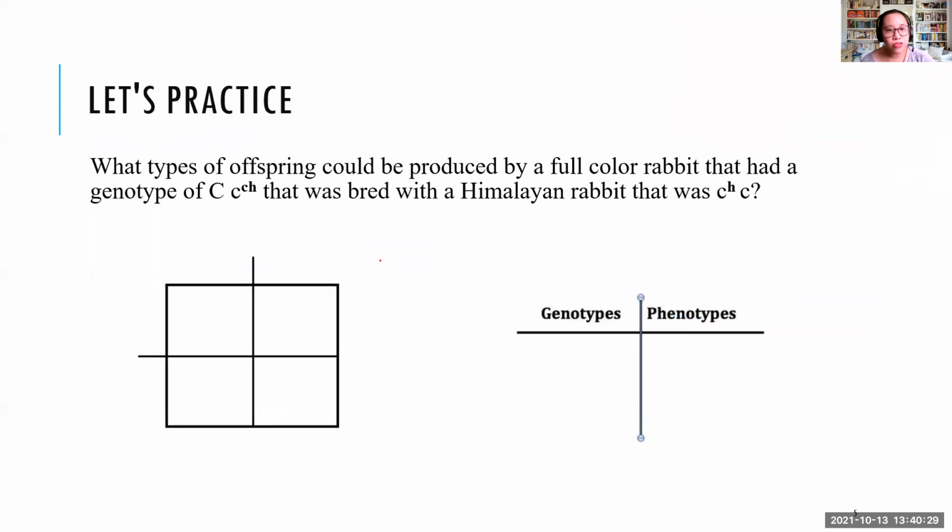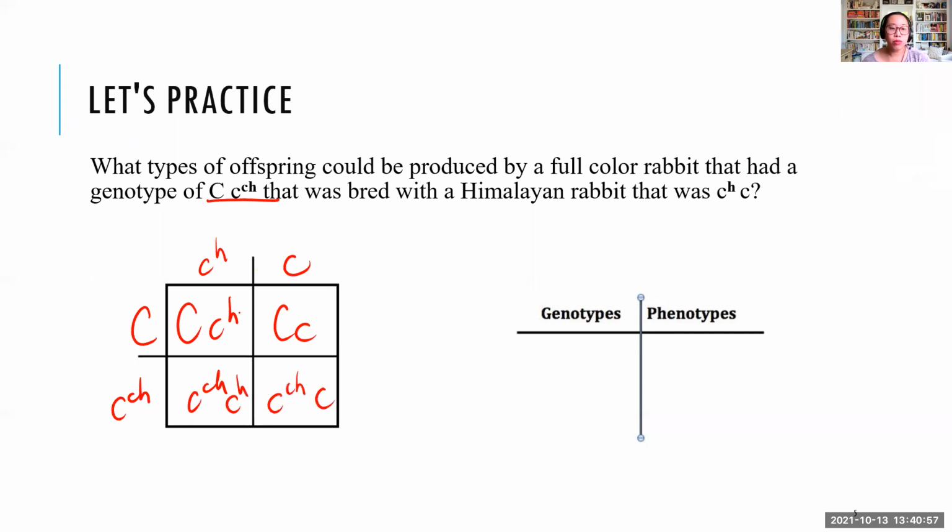What types of offspring could be produced by a full color rabbit that had a genotype of CC^CH bred with a Himalayan rabbit that was C^HC^H? So that's very simple. You have to be very careful with this.